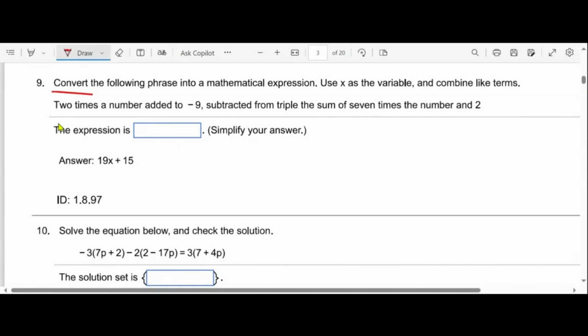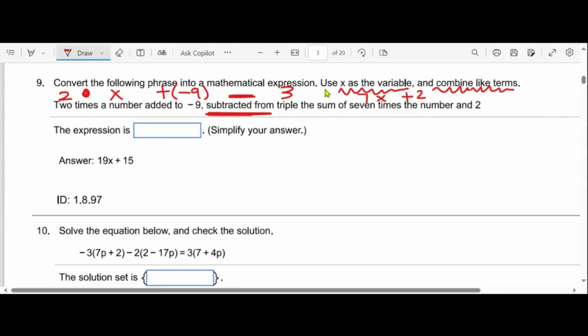Use x as the variable and combine like terms. 2 times the number added to minus 9, subtracted from triple the sum of 7 times the number and 2.